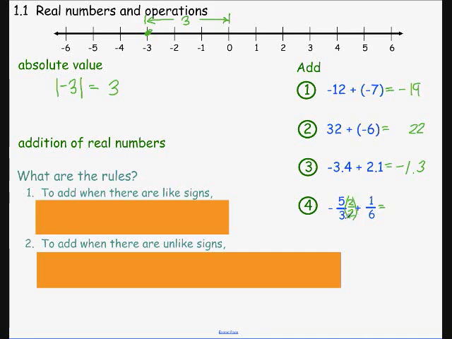It's going to look different, though, because it's now going to be -10 over 6 plus 1/6. Now, we're going to use our rules for addition of negatives. If you have a positive and a negative, you're going to find the difference, and that's going to be 9/6.